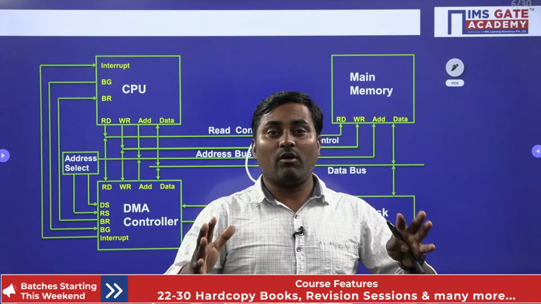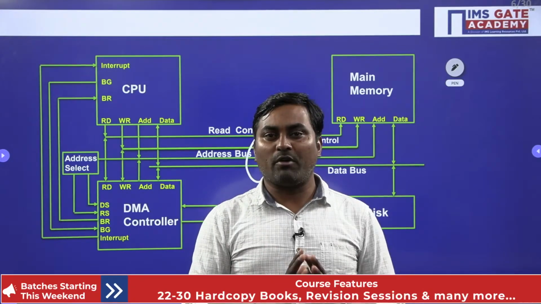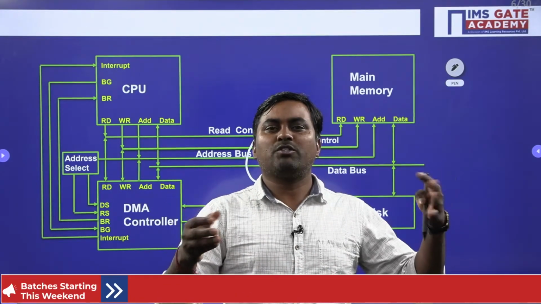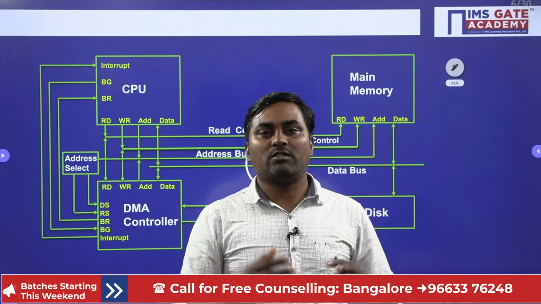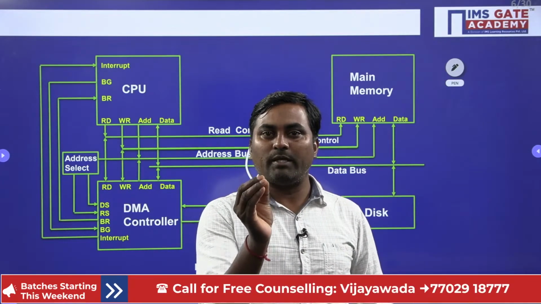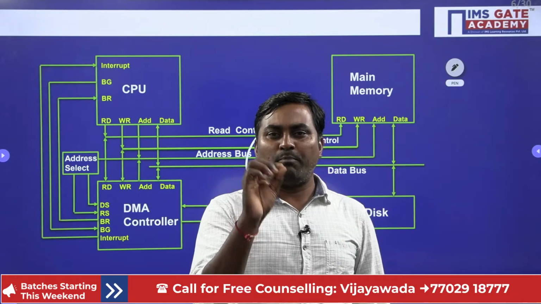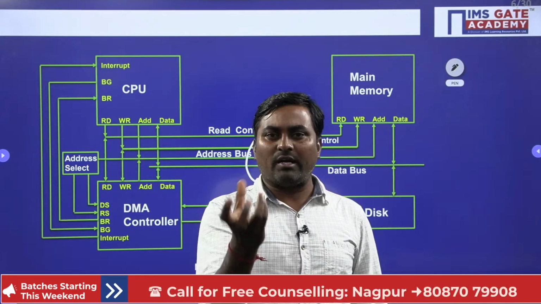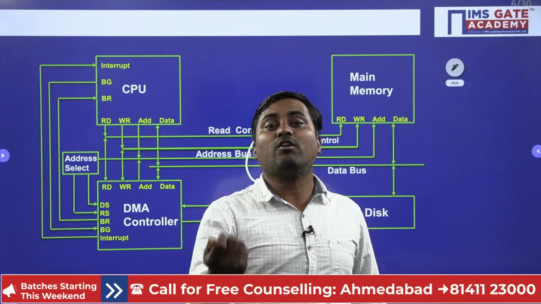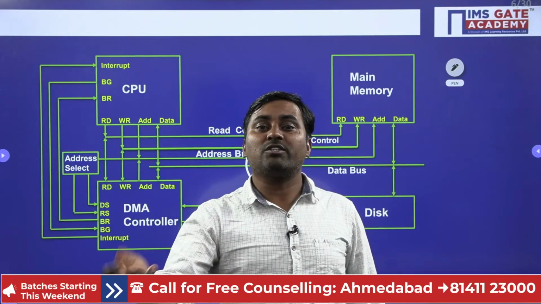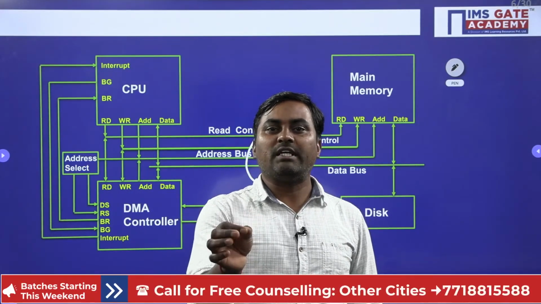Let's say it is a demand paging environment. When the program references an instruction to fetch from main memory and the page is not available, a page fault occurs. I hope you know the meaning of page fault: when the processor tries to fetch a page or data from memory, but the page is not yet brought into main memory and is present only in secondary memory, that is indicated by a page fault.